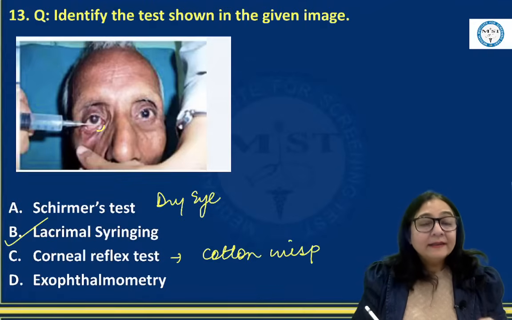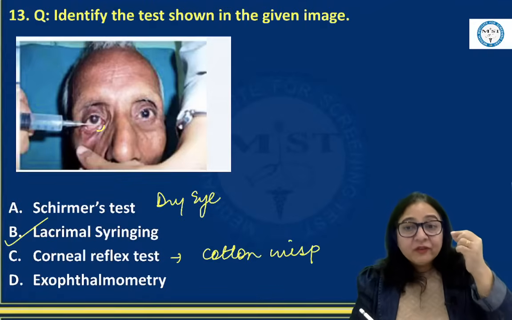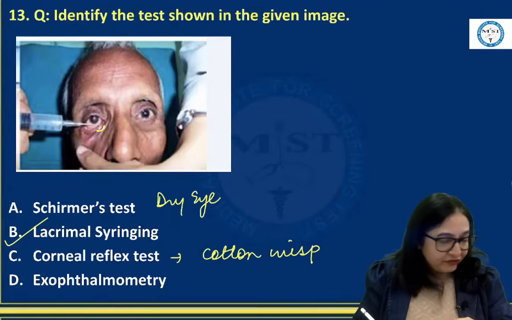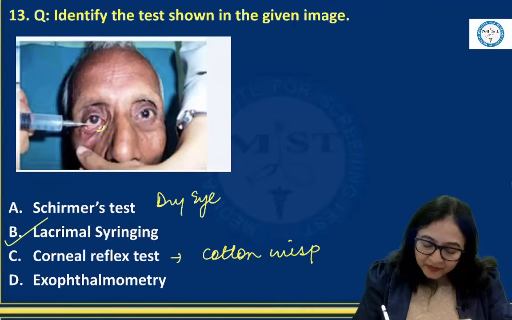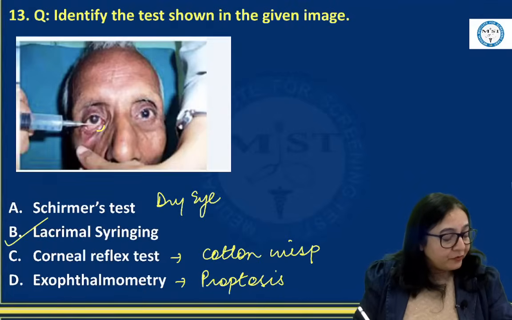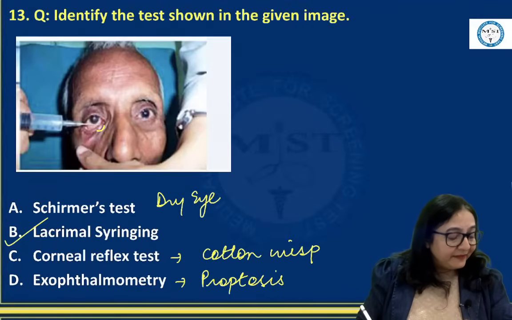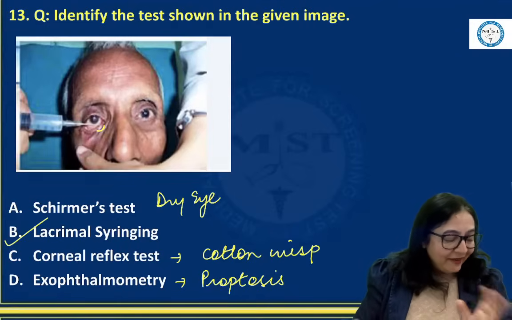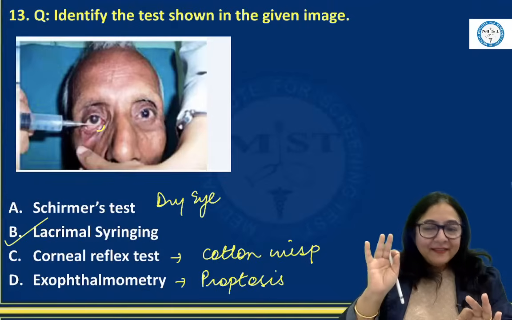You touch the cotton to the cornea to check for corneal sensations. And exophthalmometry is a test which is done for measurement of proptosis. So this is your lacrimal syringing.